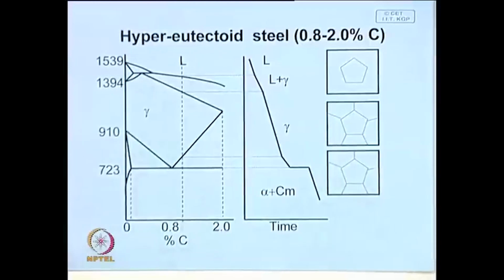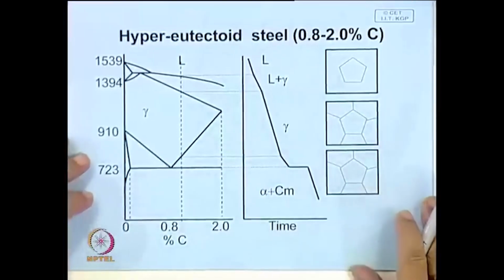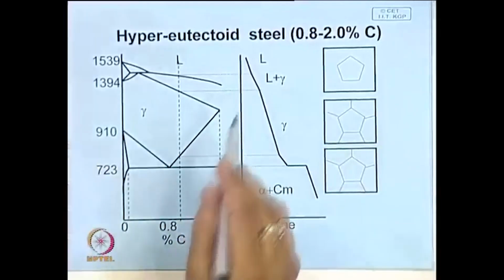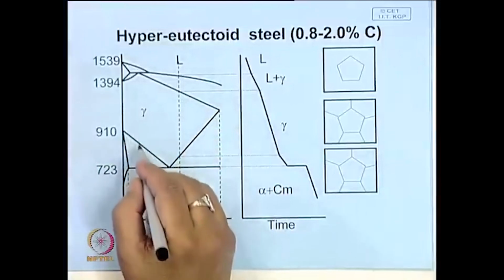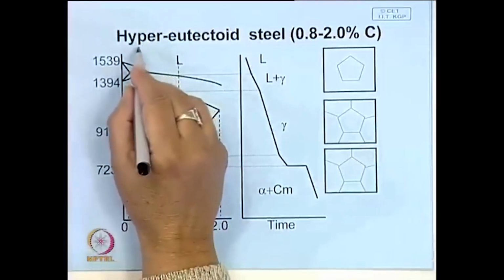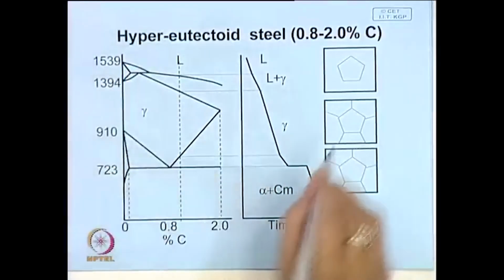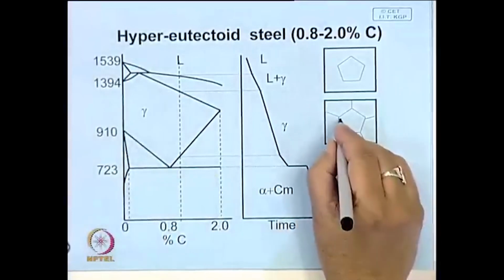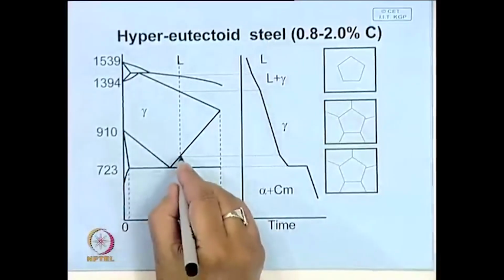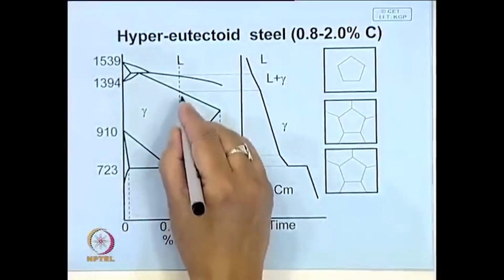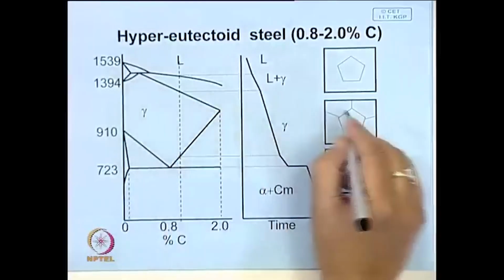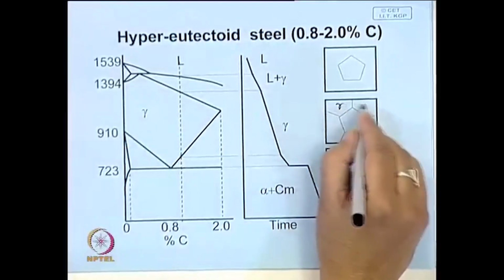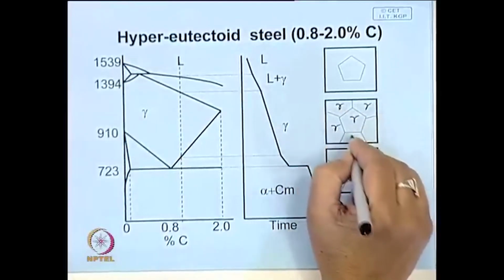Now, how about the structure of a hypereutectoid steel? Here, the process of transformation will be exactly similar to the one that we considered in the case of hypoeutectoid steel. Here again cementite will start precipitating out at the temperature, say until here it is normal solidification, which we have seen in most cases.